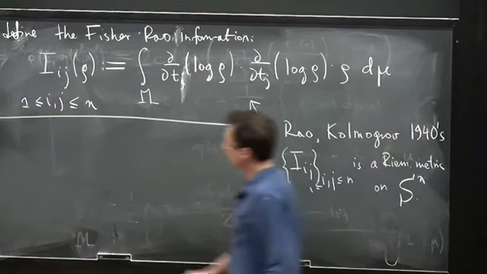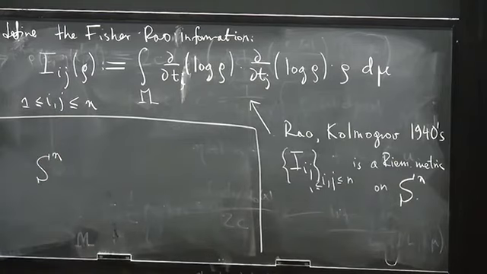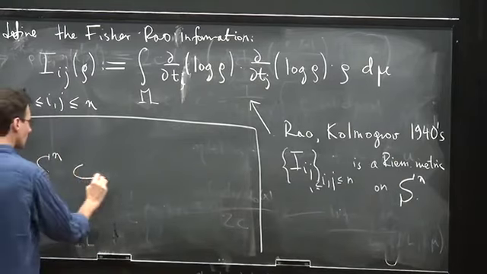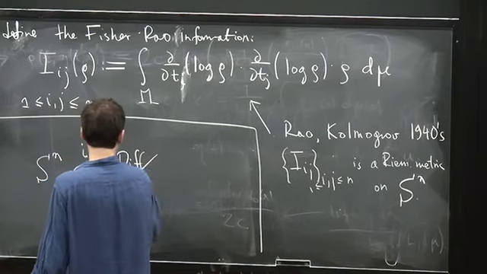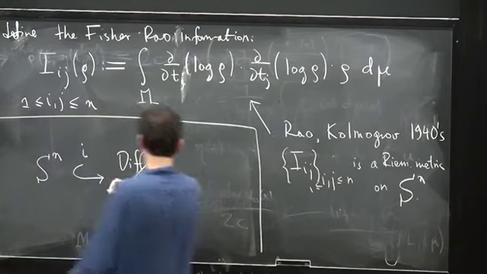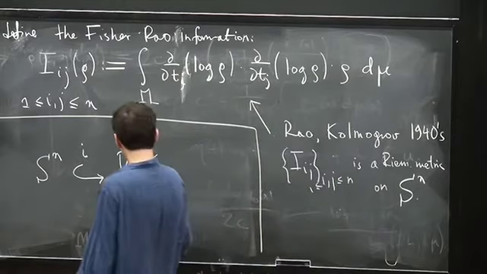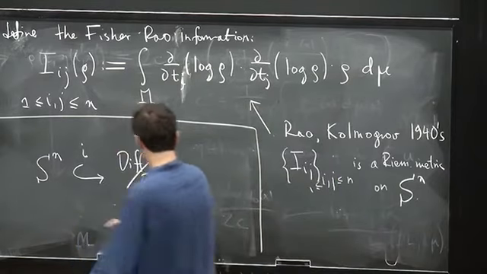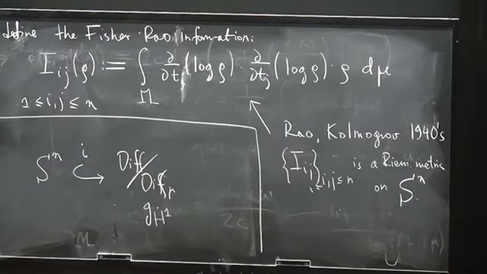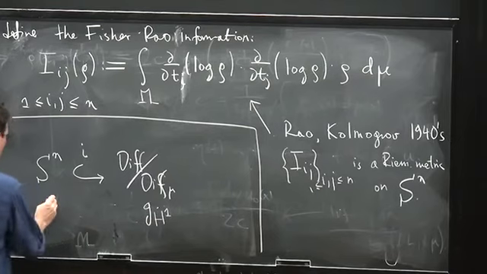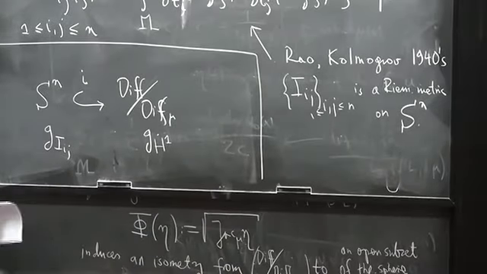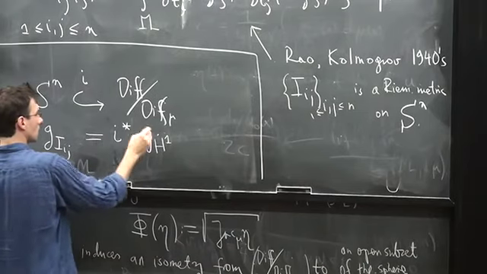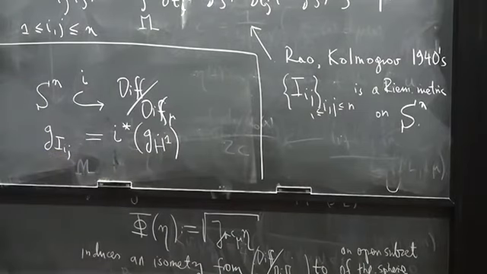Namely, it turns out that if we look at this S_n, take the inclusion map, as included in the space of densities over diff mu, and if we take the H1 dot metric here, let me call this G, that's G sub H1 dot, and on this side we take the metric defined by the Fisher-Rao information, then one actually gets a restriction of the H1 dot.